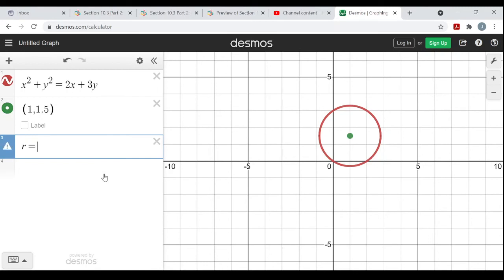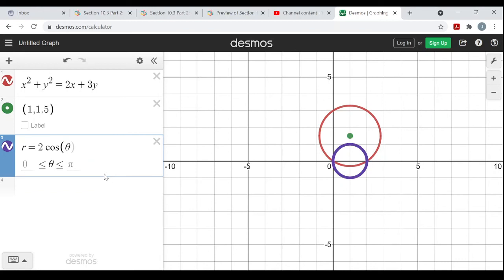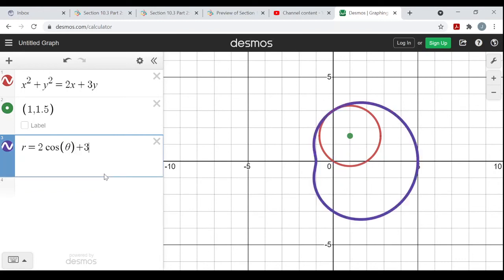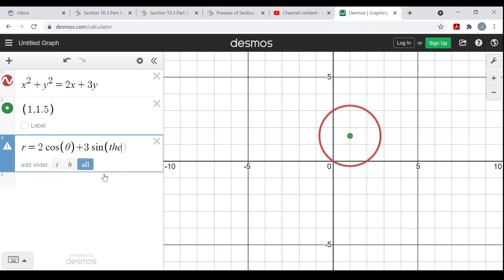So watch this. r equals 2 times the cosine of theta. If you want to type theta, actually you can just type in theta, no slash. And then plus 3 sine of theta. Look at that. You see that graph?